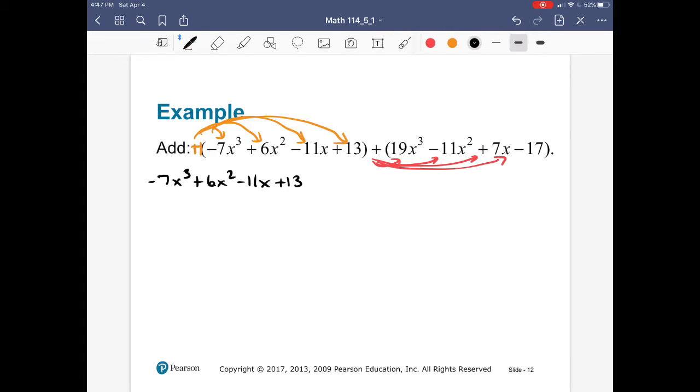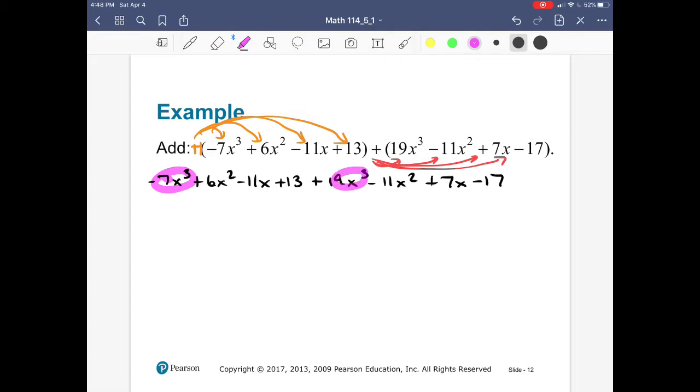So positive times a positive gives me 19x cubed, minus 11x squared, because a positive times a negative is negative. A positive times a positive is positive, and a positive times a negative is a negative 17.